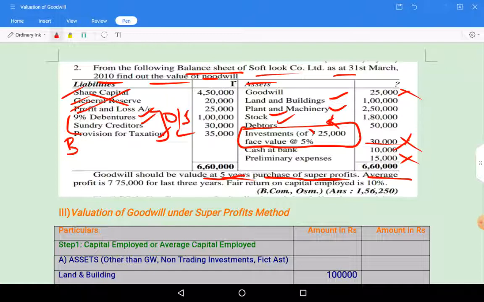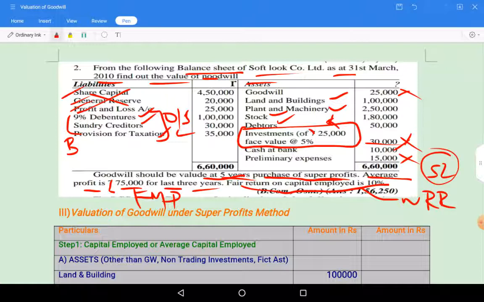Average profit is 75,000 for the last 3 years. This we will consider for calculation of FMP, future maintainable profit. Fair return on capital employed is nothing but your NRR, which will come under step 2, normal profit calculation.